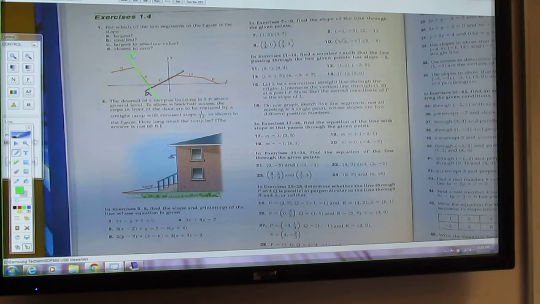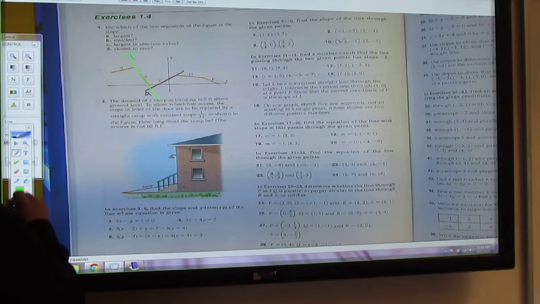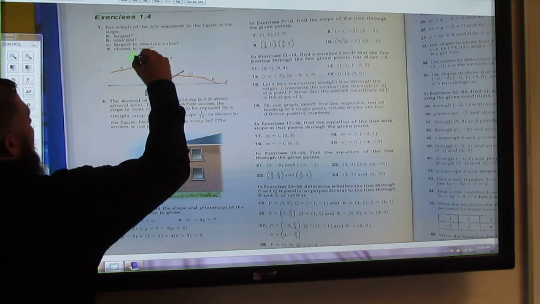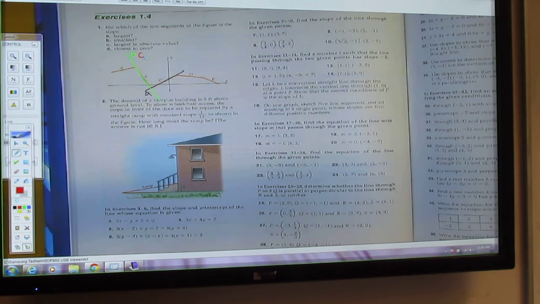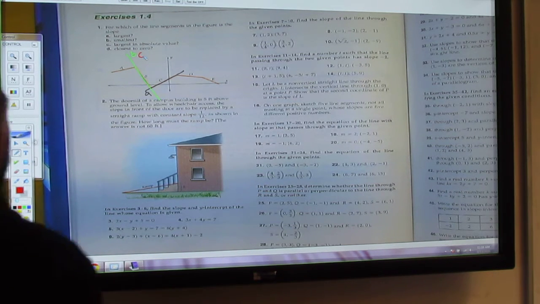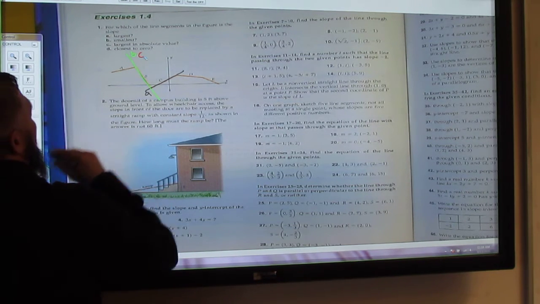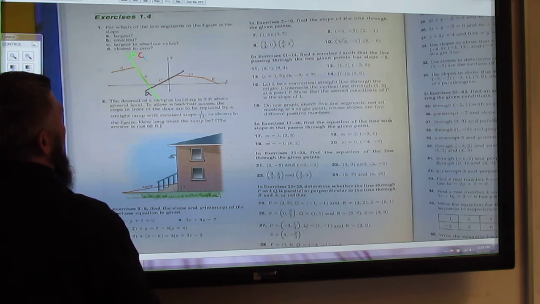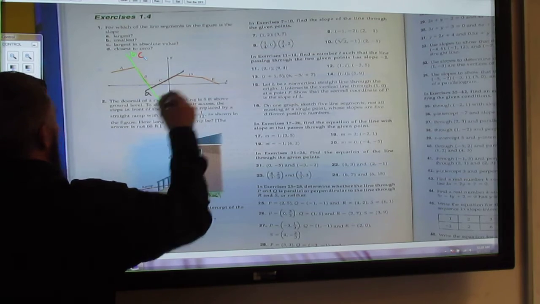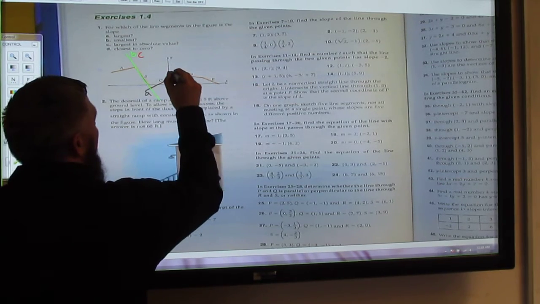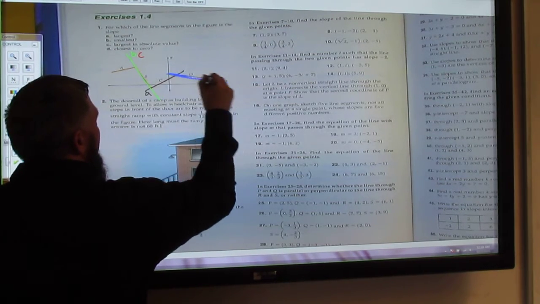The largest in absolute value. Well, the largest in absolute value, wouldn't that just be this one? Because if I was looking at the positive of it, it would be the largest, yeah? And then D, closest to 0. Which one's the closest to 0? And actually, that would be that one right there, yeah?